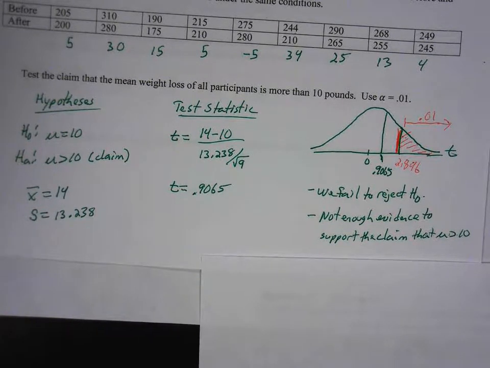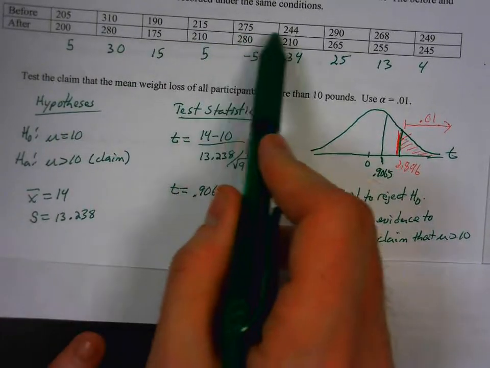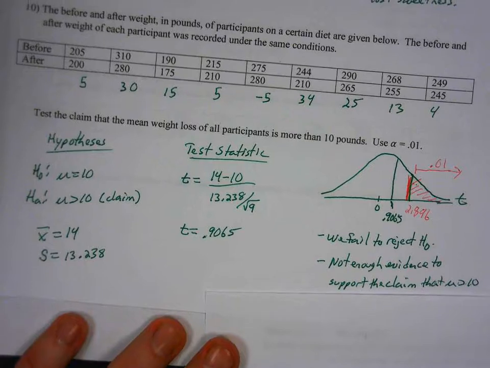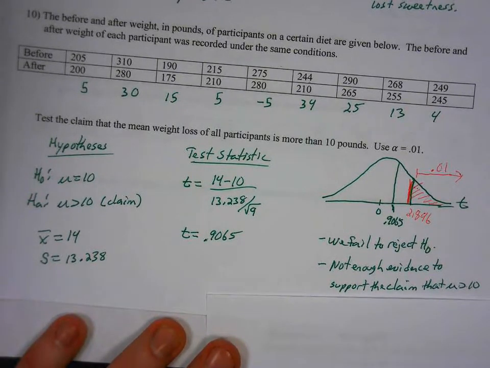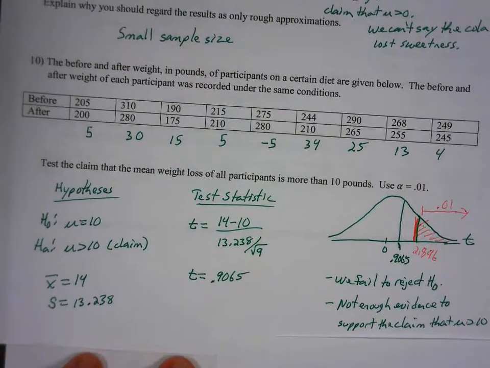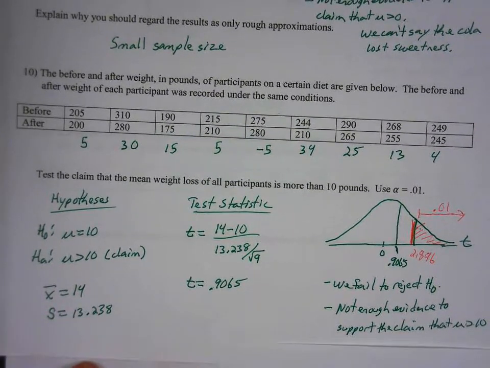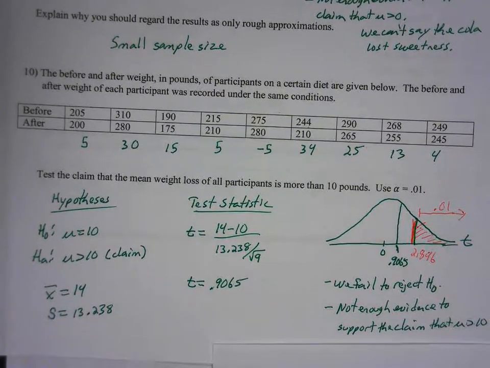So in the context of the question, we cannot say that the mean weight loss for the participants was more than 10 pounds on average. But again, there was only a sample size of 1, 2, 3, 4, 5, 6, 7, 8, 9. So there's only 9 in the sample. We don't know that the original was approximately normal. So again, just like before, we had a small sample size. So there are only rough approximations as far as our conclusion here.